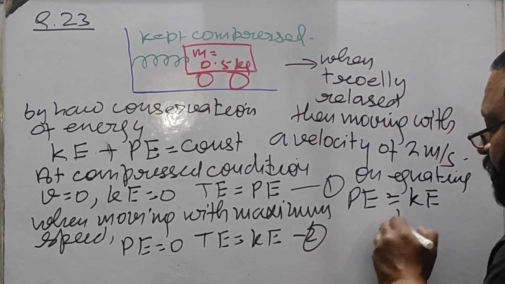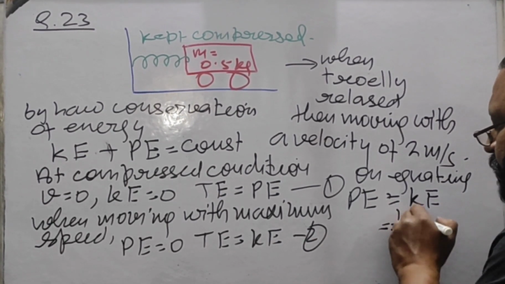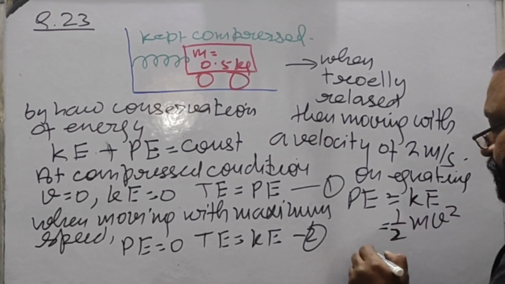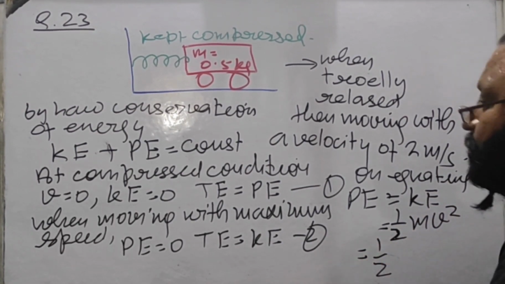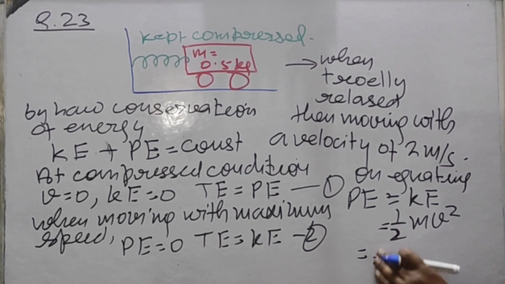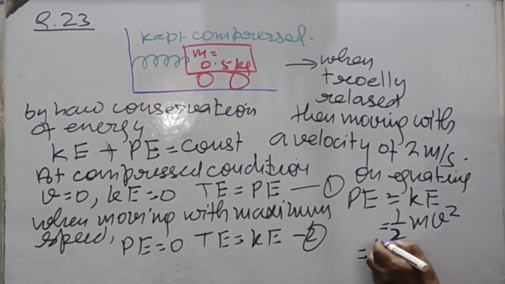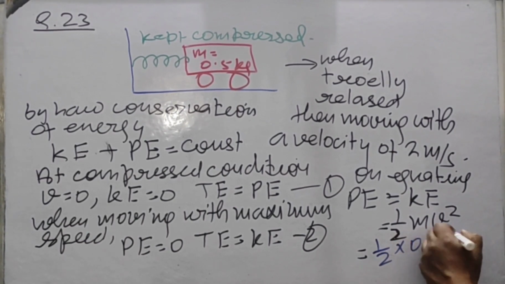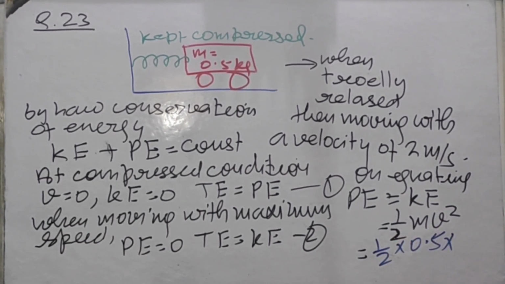Therefore, half mv square. So 1 by 2, what is mass? 0.5 into velocity is 2, so 2 whole square. Right?